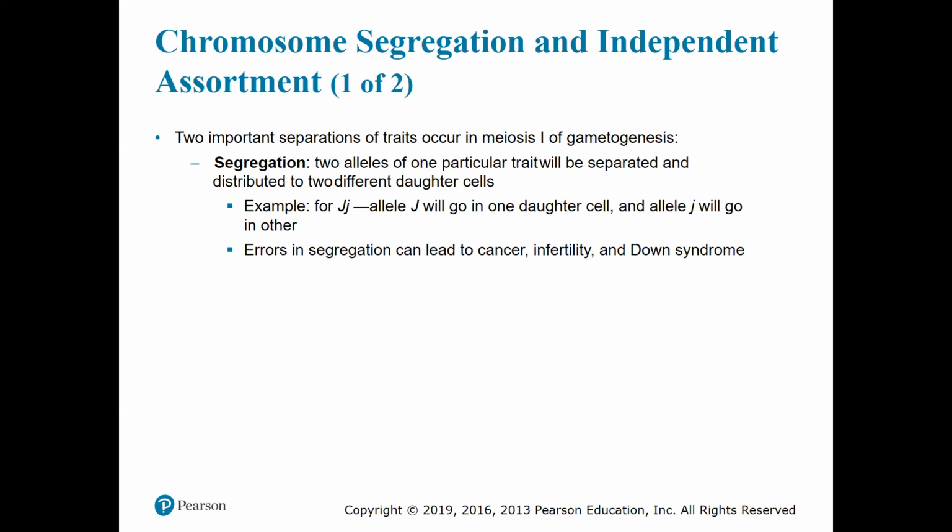If you have issues with segregation, you can have cancer, infertility, Down syndrome, etc. We think about trisomy, as there are multiple trisomies, which we'll look at here today. There are 3 that you should know, not only Down syndrome. If you have inappropriate chromosome separation, you can see conditions like a trisomy, or even conditions that are incompatible with life if you don't have appropriate separation of those chromosomes or chromatids.